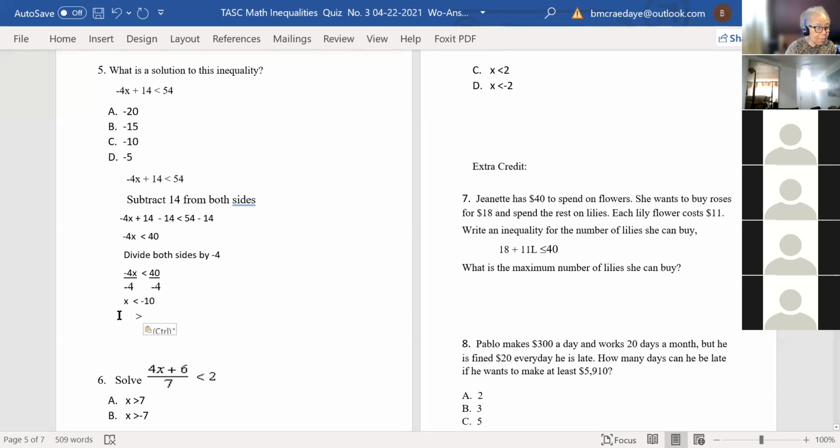So X would be what? X would be greater than negative 10. That's it. Yes, X greater than negative 10. Whenever you divide by a negative or multiply by a negative, you reverse the inequality sign.